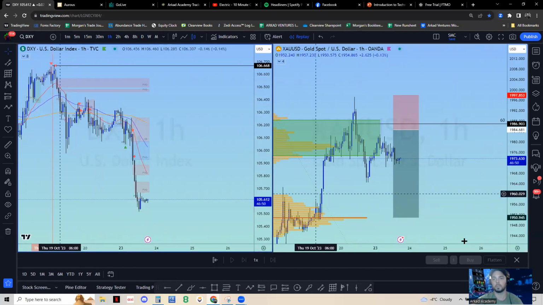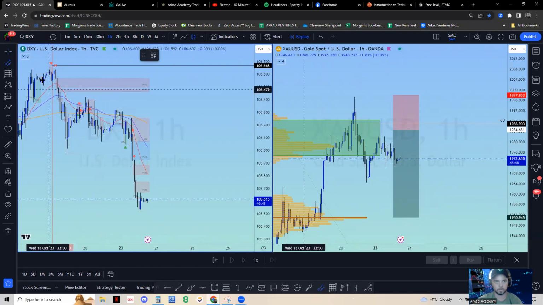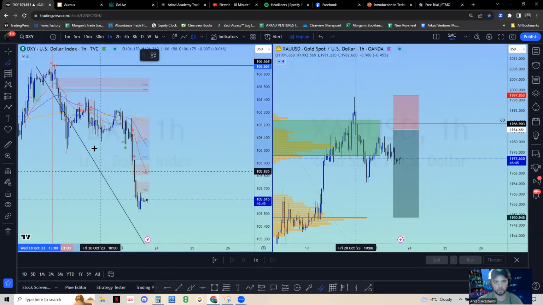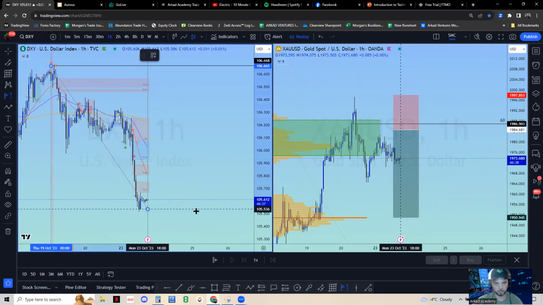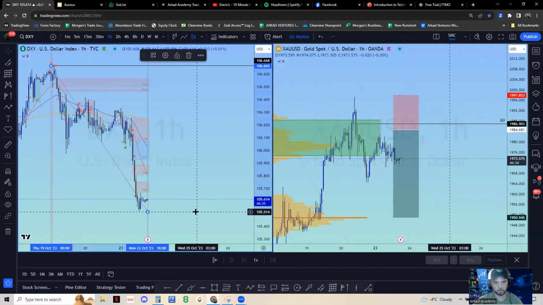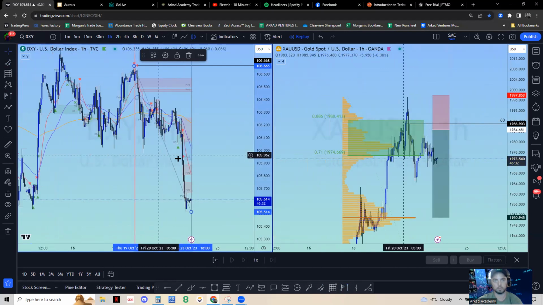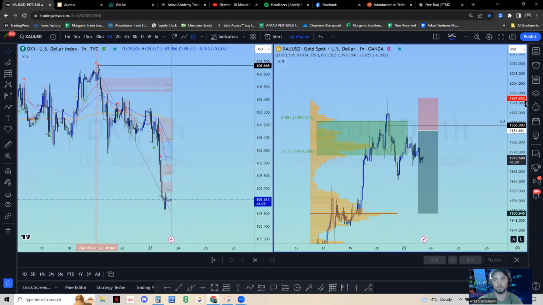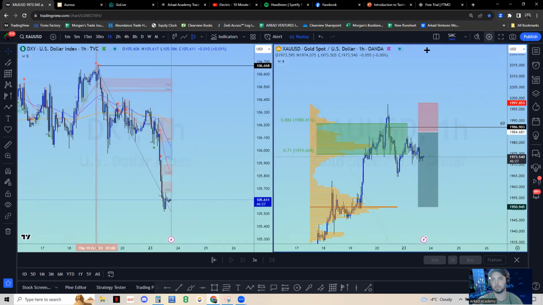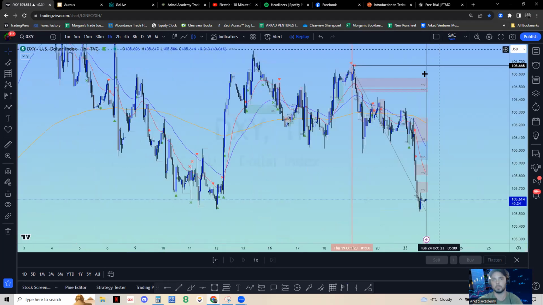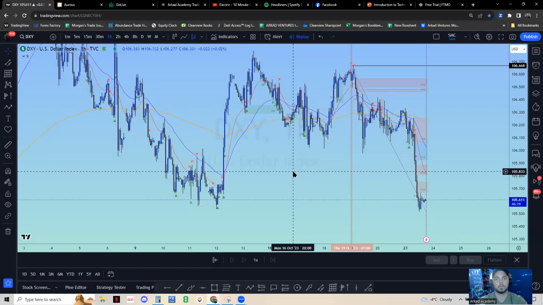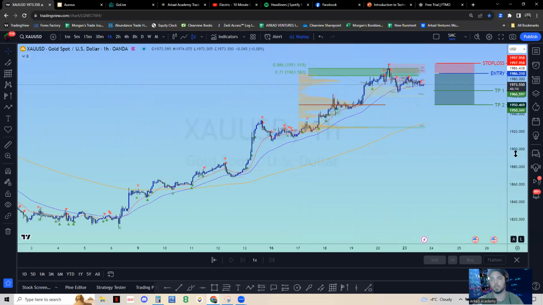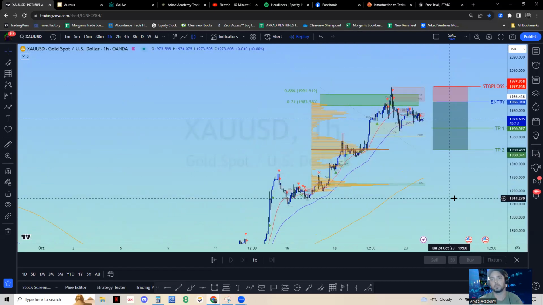So another tool we use is this volume here. This is like a volume controller.